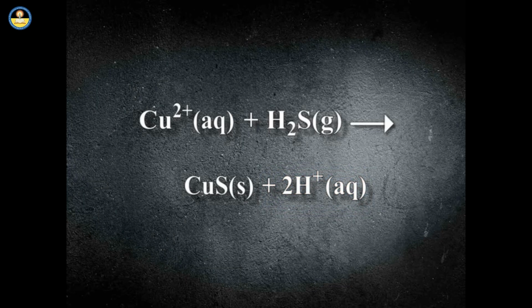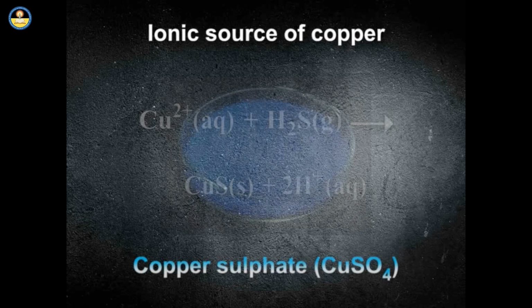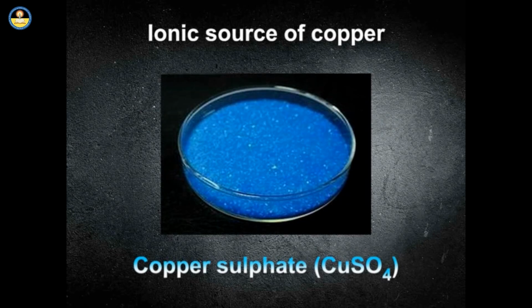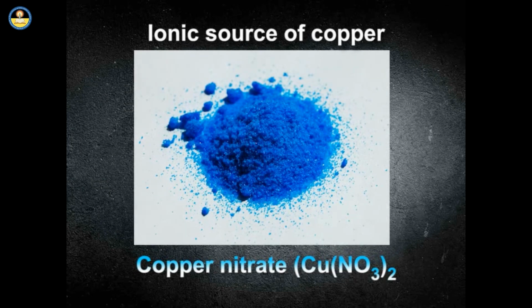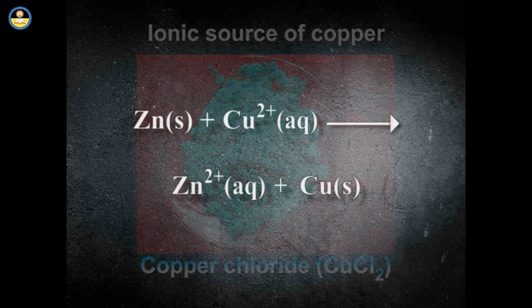The representation of a reaction of this kind has an added advantage that the above ionic equation is applicable for a solution of cupric ions obtained from any ionic source of copper like copper sulfate, CuSO₄, copper nitrate, Cu(NO₃)₂, copper chloride, CuCl₂, and so on.